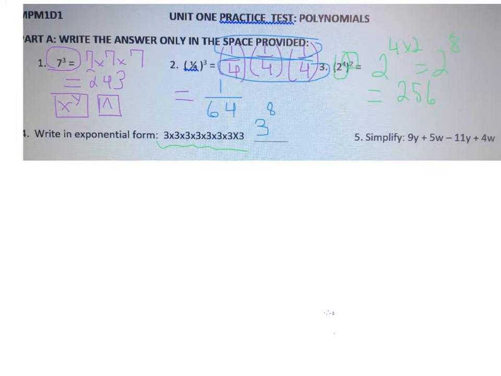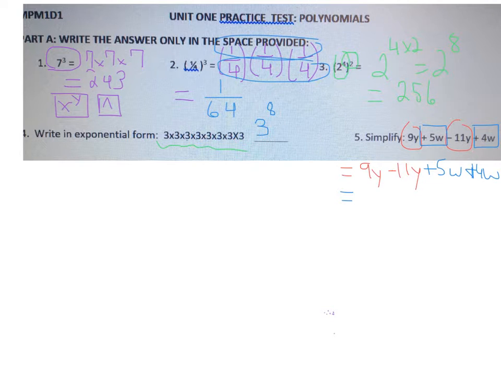And the last question over here, number 5. Number 5 is asking us to simplify, so we are just simply collecting like terms. We have the 9y, and it can go together with the negative 11y. Then we have 5w and plus 4w. If we add up all of our like terms now, 9y take away 11y.